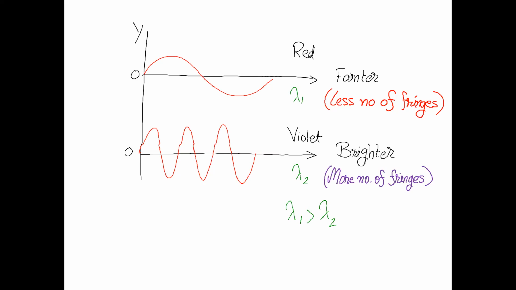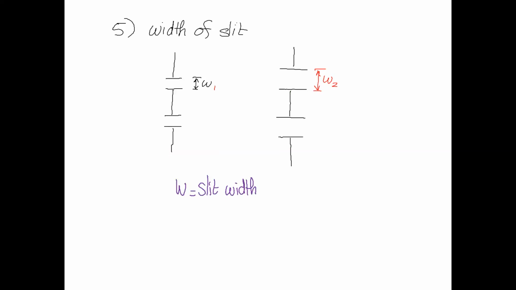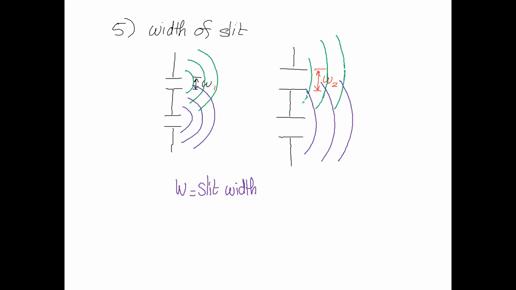Look at this screen, very technical, but very important to remember. Width of slit: like the blinds on our windows nowadays, when you open the blinds, the width increases, more light will enter, and also the degree of diffraction changes.